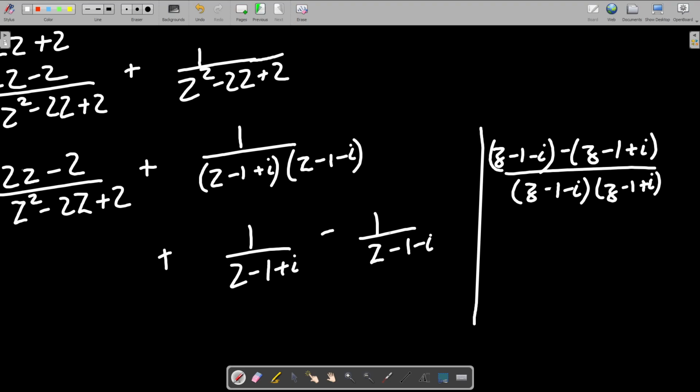It's the denominator after cross multiplying these expressions. What will happen is z will cancel, 1 minus 1 will also cancel. What will survive is only i and minus i over here, right? So that will leave me with minus 2i in the numerator and the denominator z minus 1 plus i. But I wanted the product to be equal to this, not this. I got this extra minus 2i in the numerator, right?